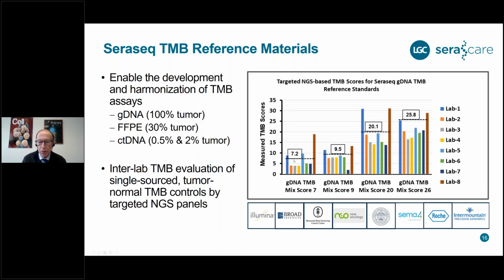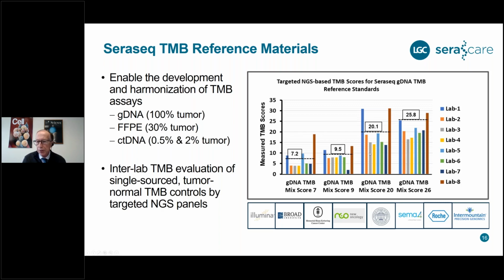And you can see for score 7, the score 7.2, which is how we report it by whole exome, you can see the results from the different laboratories, some below, around 4, some above, some way above. But the importance was each of these laboratories can use this information and say, okay, if whole exome is giving you 7, and my lab is giving 5, what's the difference? Do I need to tweak my pipeline?